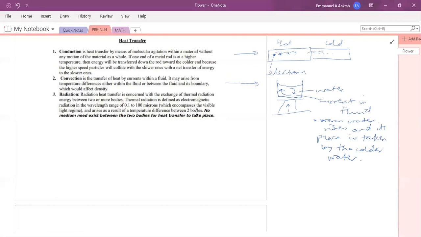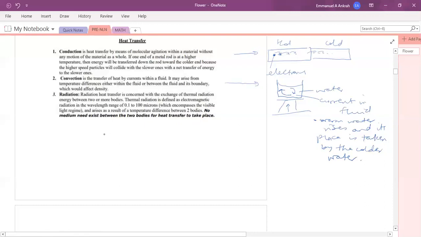Now, because this involves electromagnetic radiation or waves, you don't need contact between the two objects. Very important, so that's why I made this in bold. No medium needs to exist between the two bodies for heat transfer to take place.